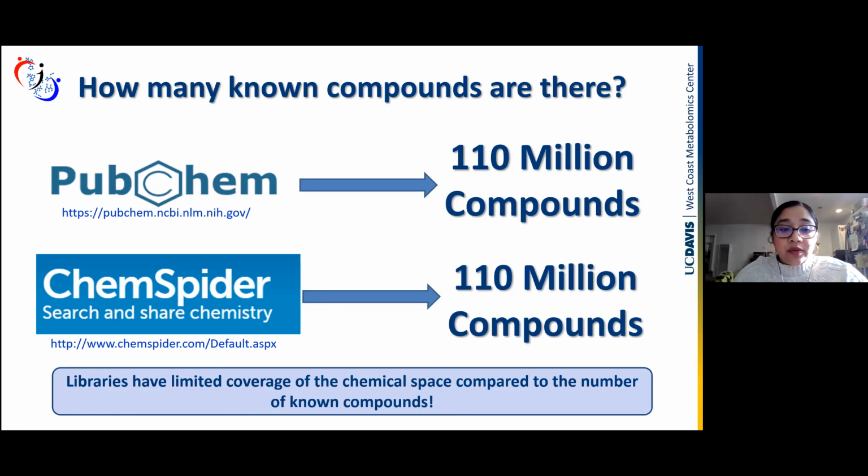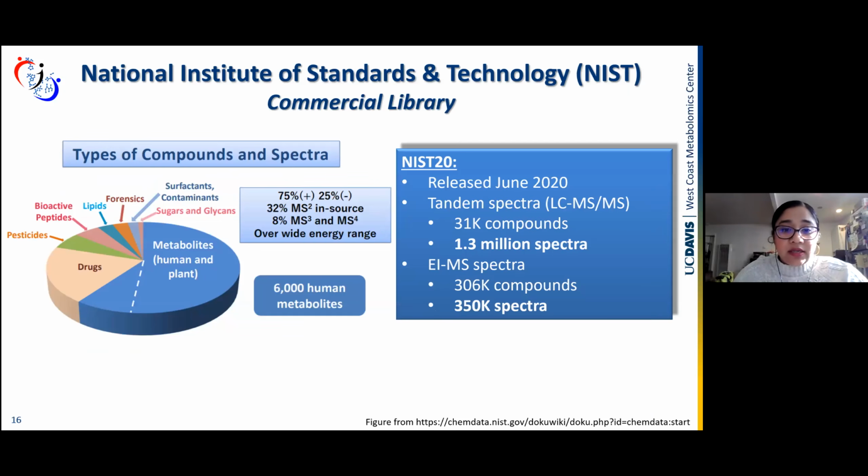So libraries have limited coverage of the chemical space compared to the number of known compounds. It's really amazing because libraries like NIST have 1.3 million spectra, and that's only in relationship to 31,000 compounds. So it's not even like scratching the surface of what we see in PubChem or ChemSpider alone.